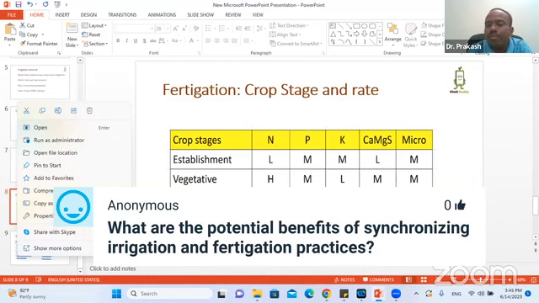Timely labor is not available for spreading bulk fertilizers, and through irrigation we can add water soluble fertilizer. There is less chance of leaching losses and of volatile losses of the fertilizer. So these major benefits come when irrigation and fertigation are synchronized, and they can give a good yield.